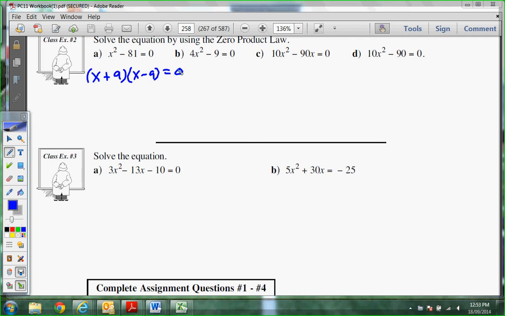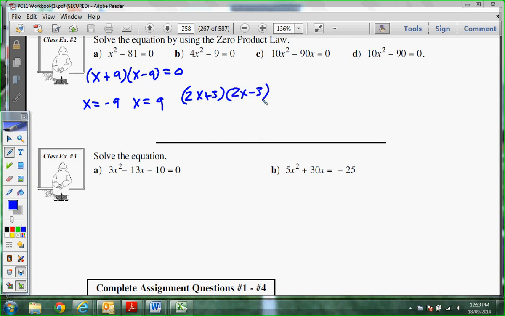What makes a positive 9 0? Negative 9. What makes a negative 9 0? Positive 9. Okay? Good. Go on to the next one. Is 4 a perfect square? And is 9? Yep, so then we're good. 2x plus 3, 2x minus 3.